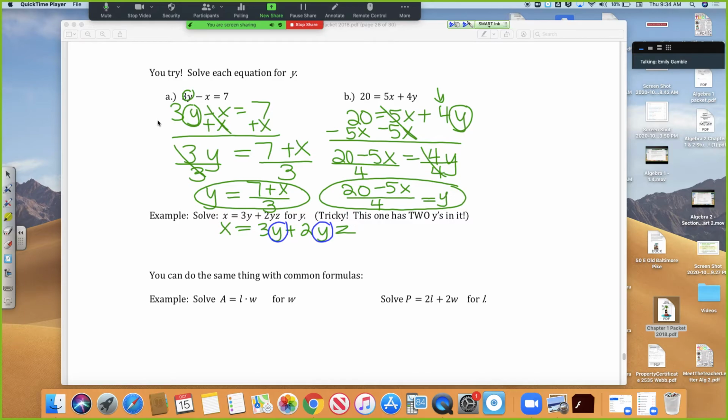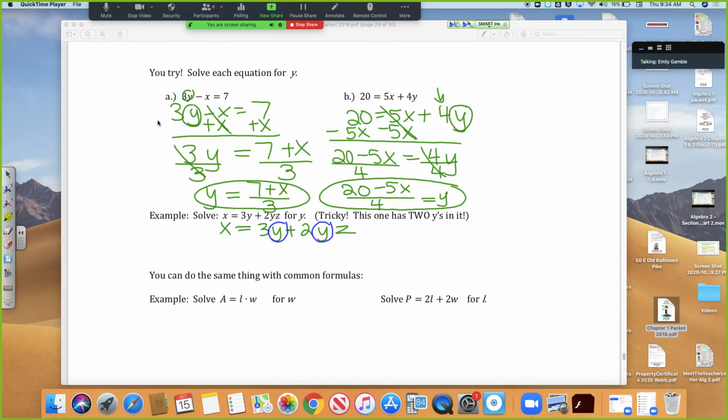This one is hard because if you want to solve this thing, you would probably want to add 3y to 2yz, and it's not going to work because one term just has a 3y and the other term has what else with it? A z. And I can't add something together that's not a like term. So I can't add 3y plus 2yz and say I have like 5 of something because I don't.